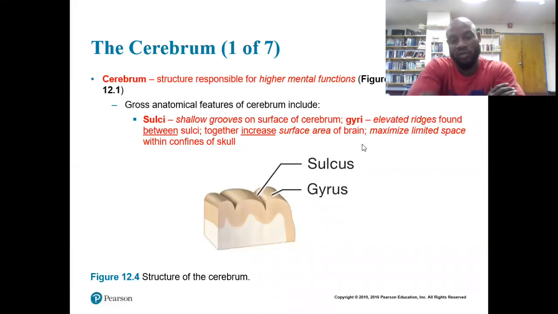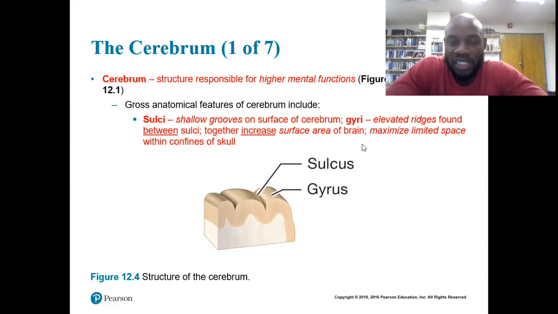Remember that we have the gray matter, the unmyelinated soma cell bodies, as well as unmyelinated dendrites and unmyelinated axons on the outside, and then we have the myelinated axons, the white matter, on the inside.